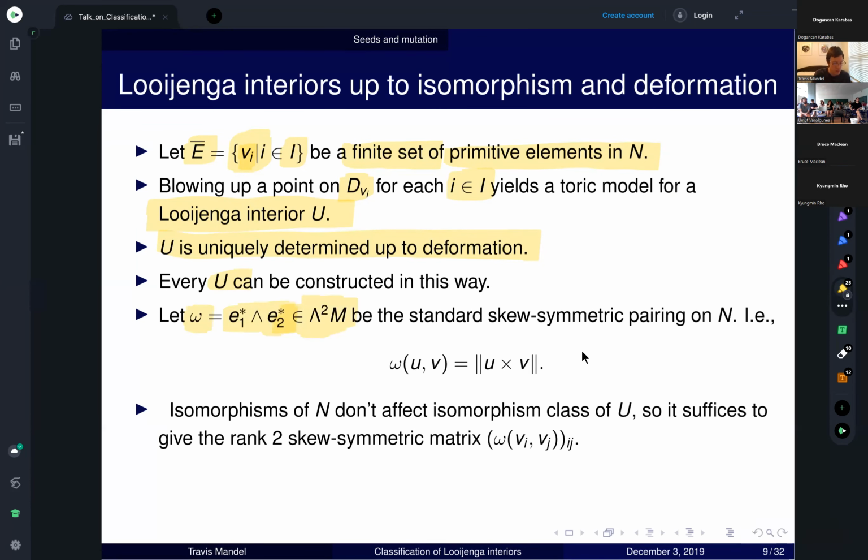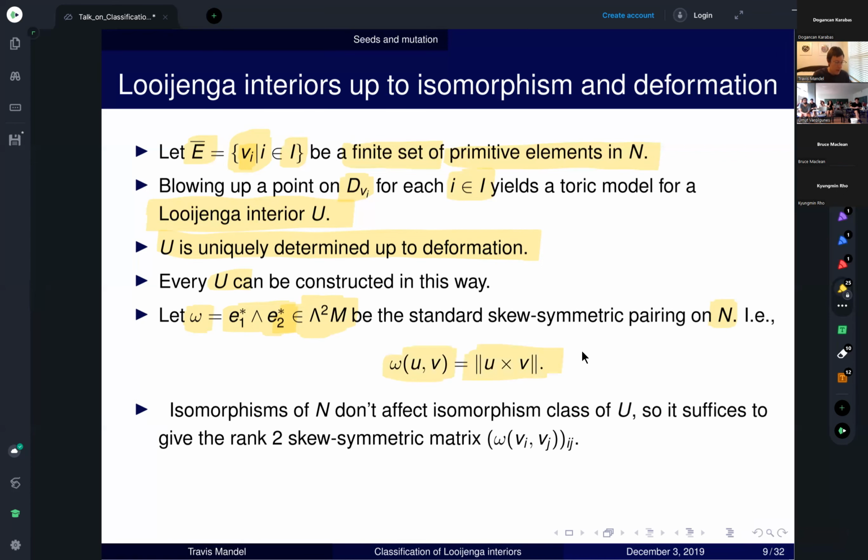It gives you a skew-symmetric pairing on N, and all that pairing is, omega of u, v, is the magnitude of the cross product of u and v. Just to think of it in a basic way, you might even see me doing the right-hand rule to check my signs on stuff. So yeah, just the magnitude of the cross product. Take that skew-symmetric pairing on N.